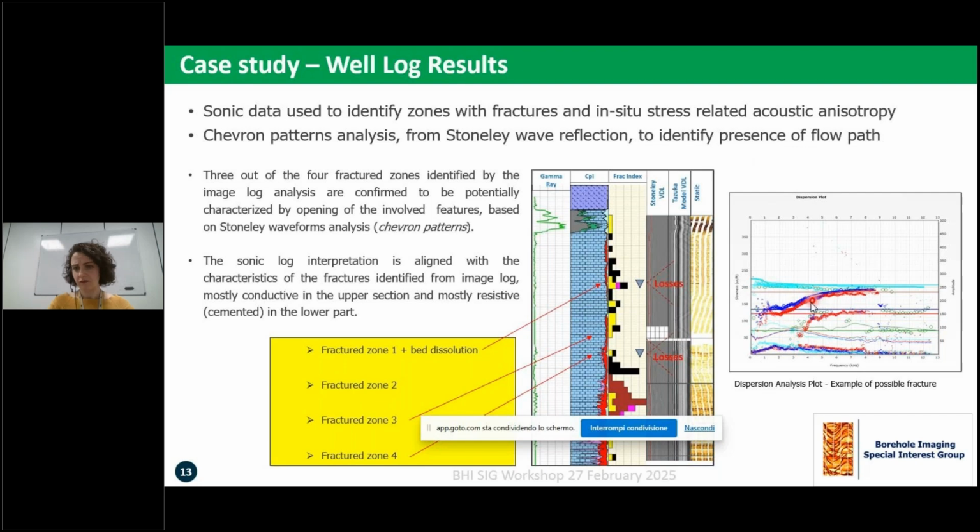In fact, in the near wellbore, the fast and slow shear cross, and this is a particular feature that is linked to the anisotropy driven by the stress. So we can say that the fast shear azimuth from sonic anisotropy analysis can also be an indication of the direction of the maximum horizontal stress.